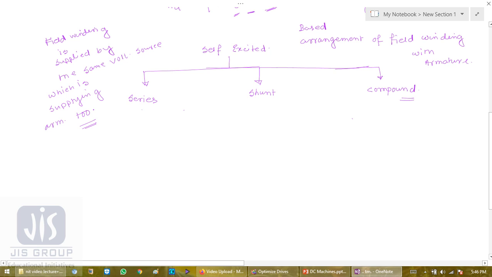Okay, now this compound motor is again classified into two categories.